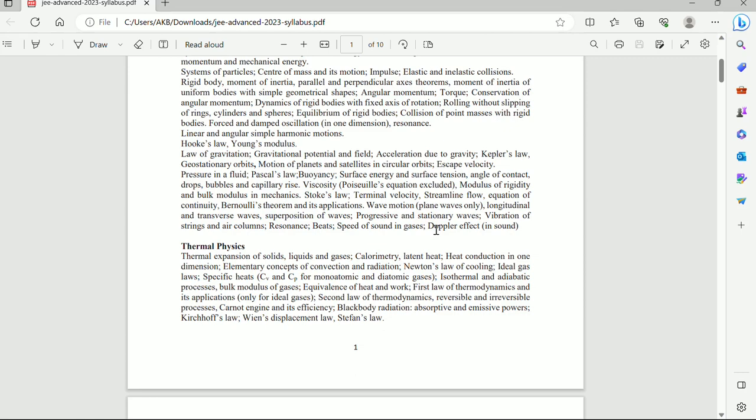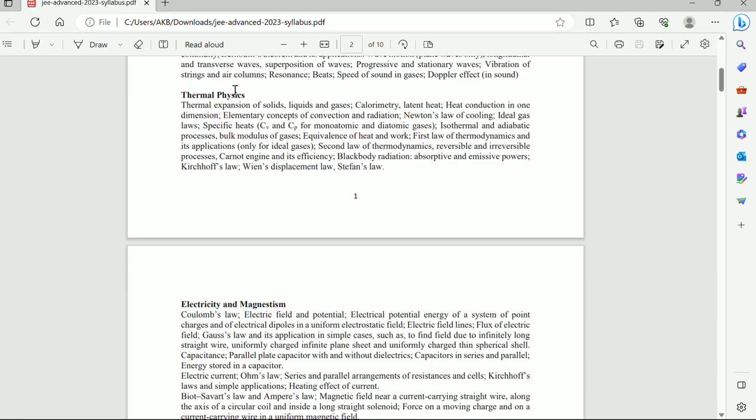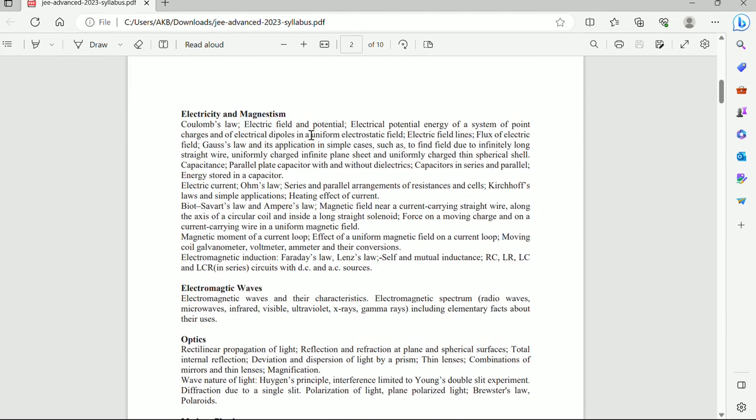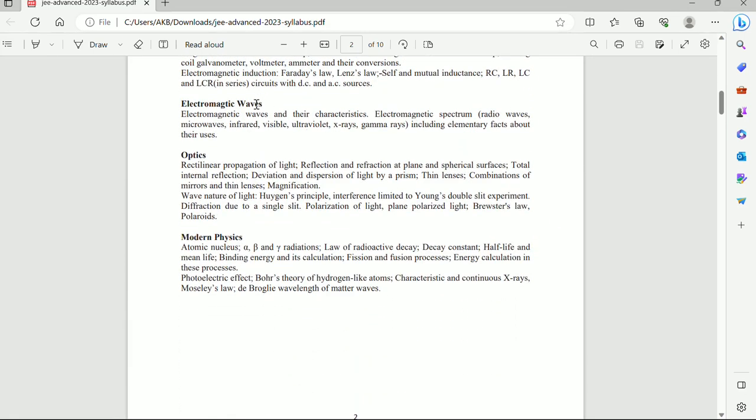Now next is thermal physics, like thermal expansion of solids, liquids, gases, equivalence of heat and work, first law of thermodynamics and its applications, then electricity and magnetism, Coulomb's law, electric field and potential, electric potential energy of a system of point charges, electric current, etc. We will also study electromagnetic waves, like the electromagnetic spectrum, very important.